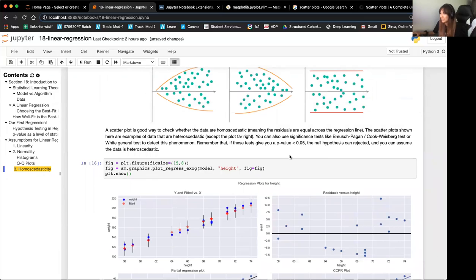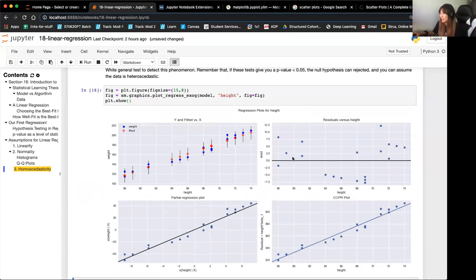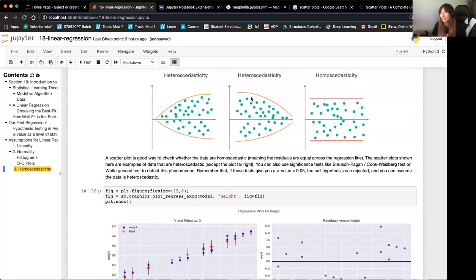For homoscedasticity, you just want to make sure that this is not bigger or smaller in any direction. Just because we only have 20 points, it's kind of hard to say, but you can see that most of the points are between negative and positive 7.5, and that's not too bad. Ideally, we'll be working with hundreds and hundreds of data points, so a pattern will start to emerge, like whether it's something like this or something like this.